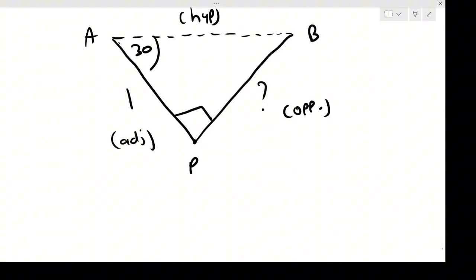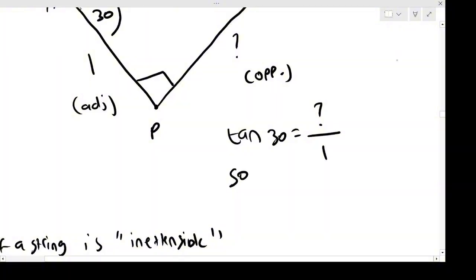So now we're going to be using tan, because tan is opposite over adjacent. So that means tan of the angle 30 here, where the opposite is what we want to work out over the adjacent, which is 1. So that means my opposite length is just going to be tan 30, right? Which is root 3 over 3.